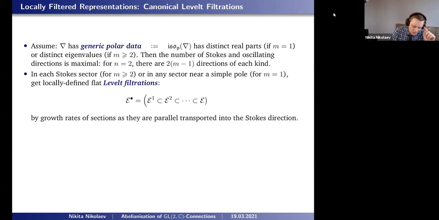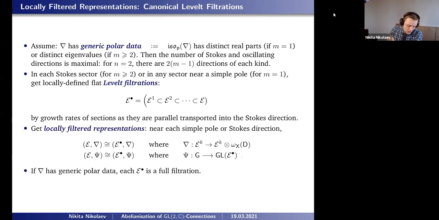And these filtrations, well, they don't really have a name. I usually call them Levelt filtrations because he considered them in a very systematic way in his thesis a long time ago. Right, and so from the point of view of representations, you could think that when I study these rank 1 algebroids given by a divisor, then assuming some genericity assumptions, any representation is a kind of locally filtered representation.